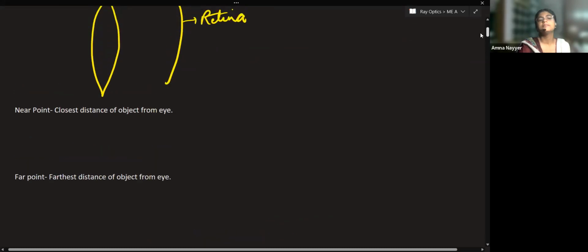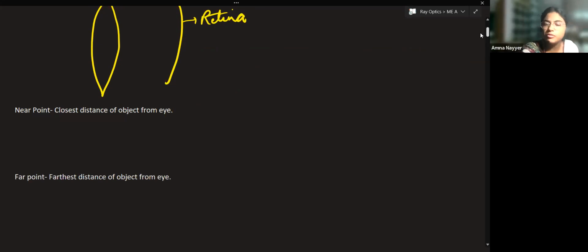See, near point and far point, because we will be dealing with everything in terms of near point and far point. Near point is the closest distance from the human eye at which you are able to see an object clearly. For example, if I keep this pen very close to my eyes and try to see it, I see two images or it is very blurry. If I keep it at this much distance, still I'm not able to see it well.